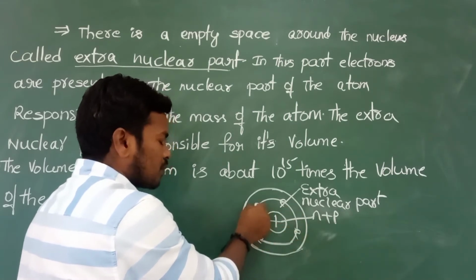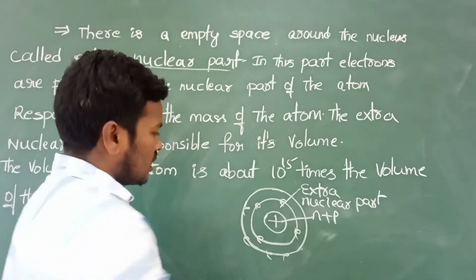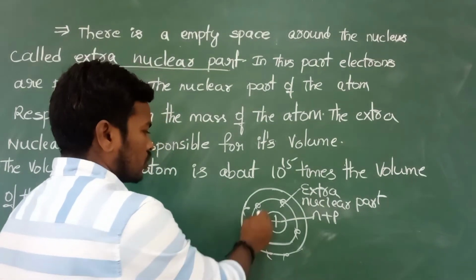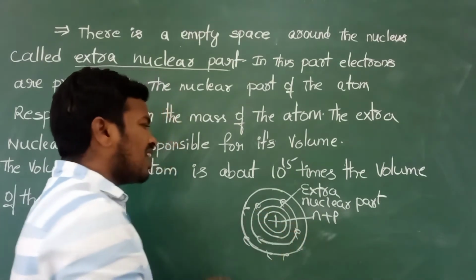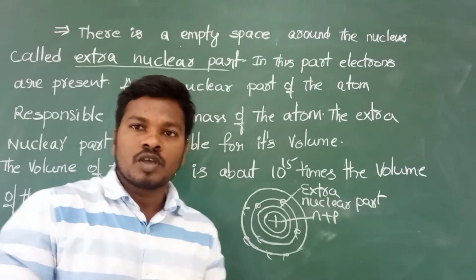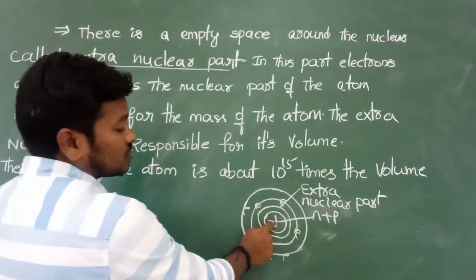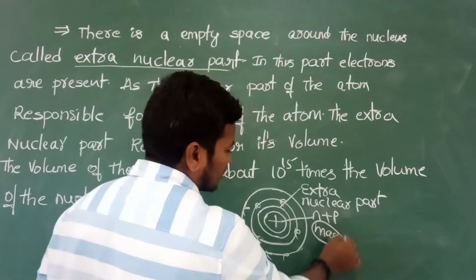That means electrons are present around the nucleus. Around the nucleus, electrons are present. Here, if you see the volume of the atom, the nucleus has a small volume. So the nucleus is responsible for the mass of the atom. Only it is responsible for the mass of the atom.